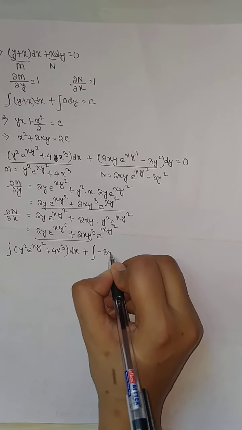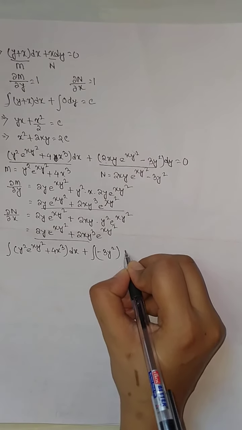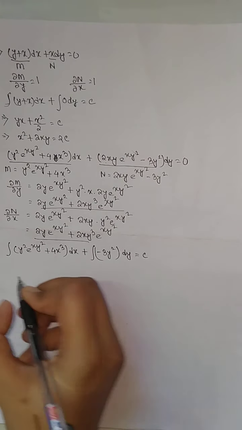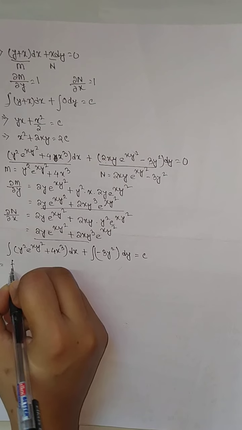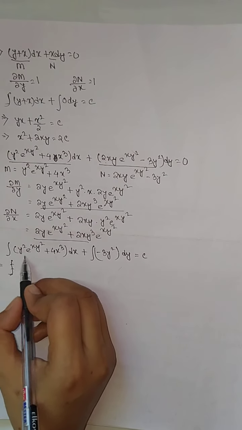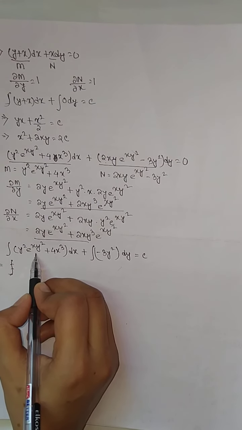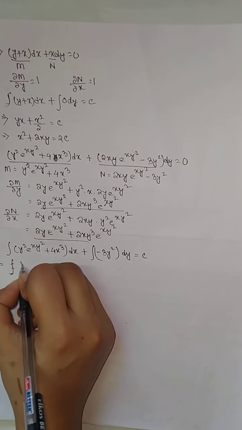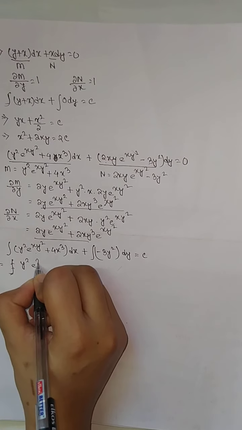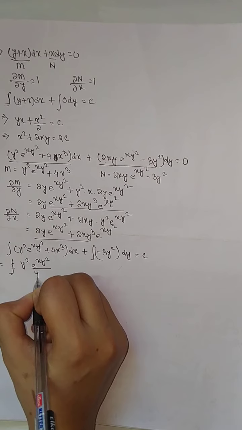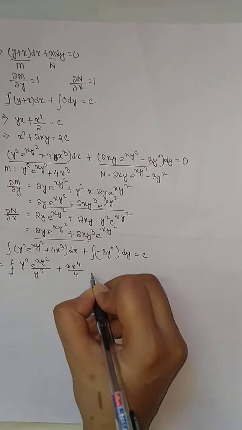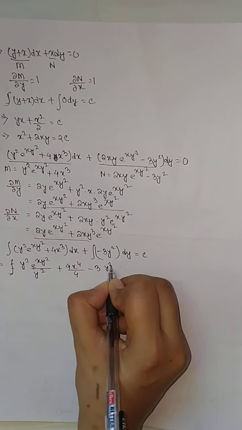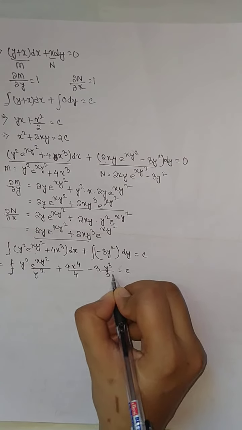So we write the integral of −3y² dy equals c, which implies, taking y as constant, y² e^(xy²)/y² + 4x⁴/4 − 3y³/3 equals c.